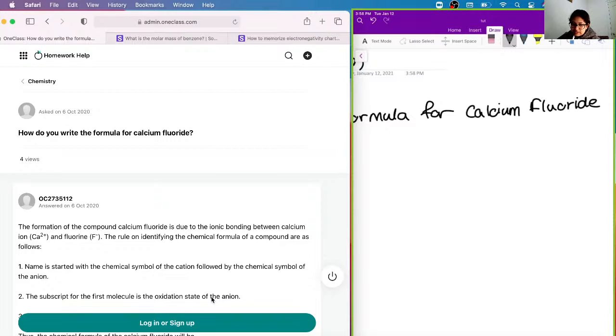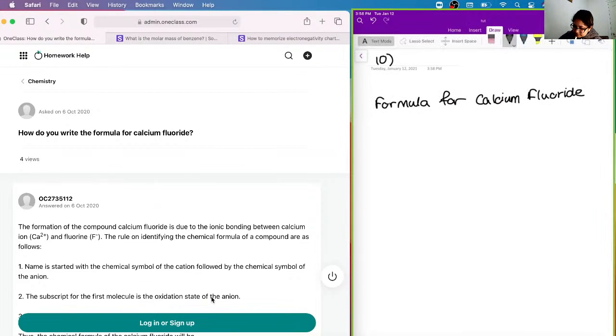And so basically, as they state here, the formation of the compound is due to ionic bonding. So calcium fluoride is an ionic bond, since we know that calcium is our metal. Fluorine, right, is our non-metal.